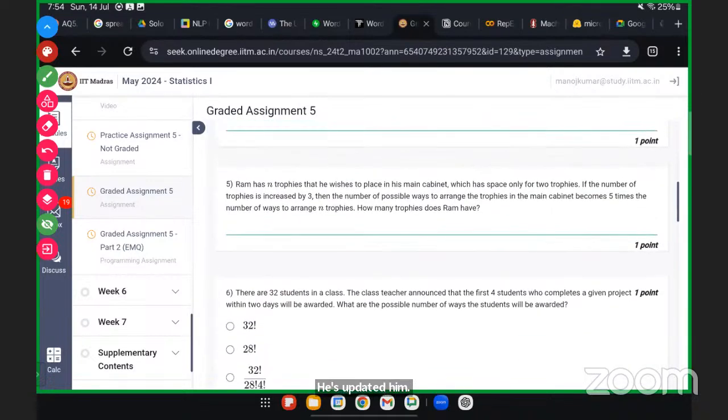Ram has a trophy that he wishes to place in his main cabinet, which has space only for 2 trophies. If the number of trophies is increased by 3, then the number of possible ways to arrange the trophies in the main cabinet becomes 5 times.